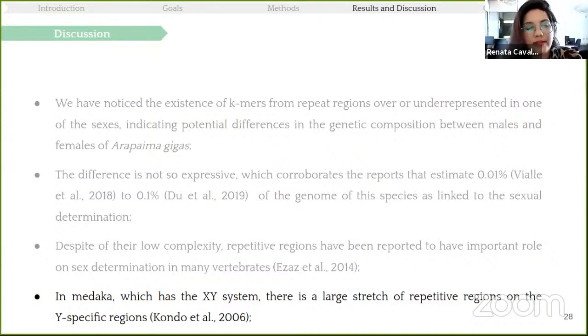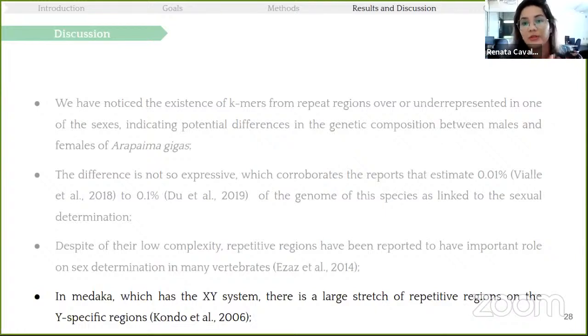So we didn't compare our regions with another species of fish yet, but we would like to validate these regions experimentally. We want to use these regions to make the FISH experiments, as probes in other individuals of Arapaima, because the major problem in my work was the sample, where we have only 6 samples of Arapaima.